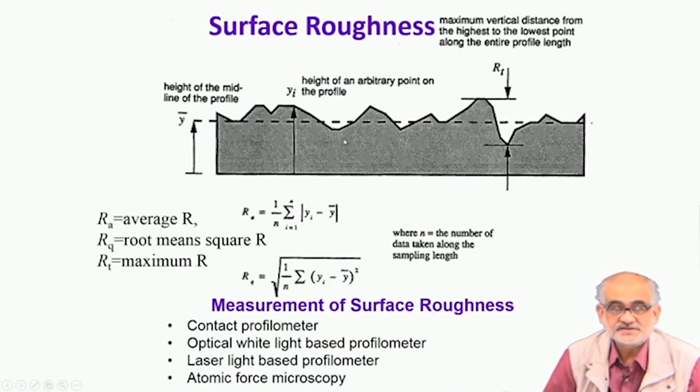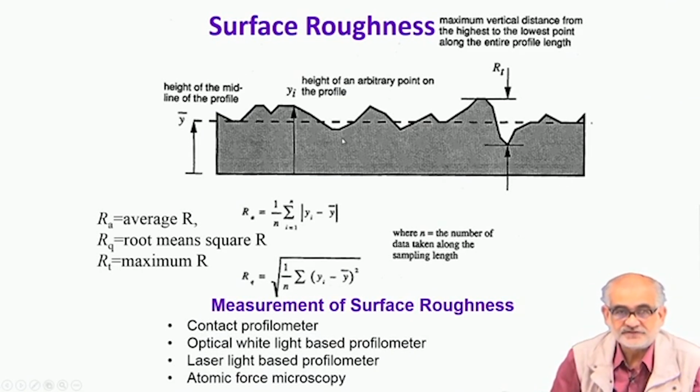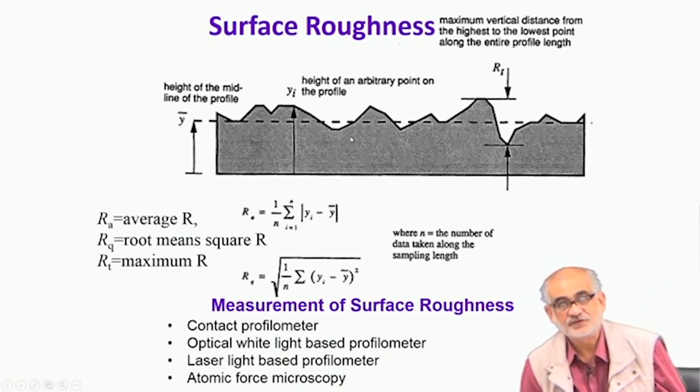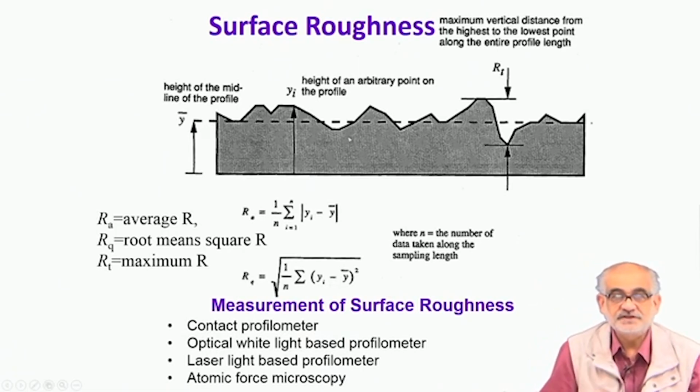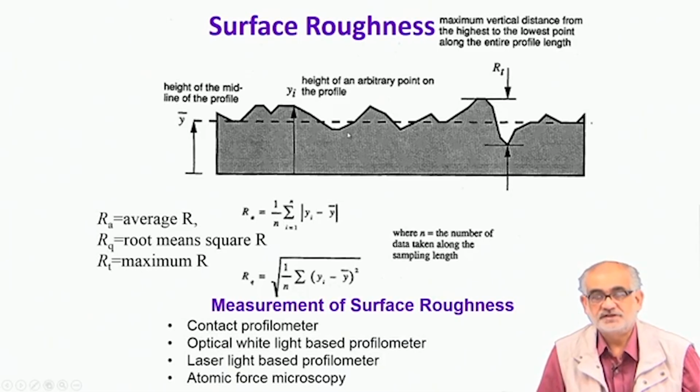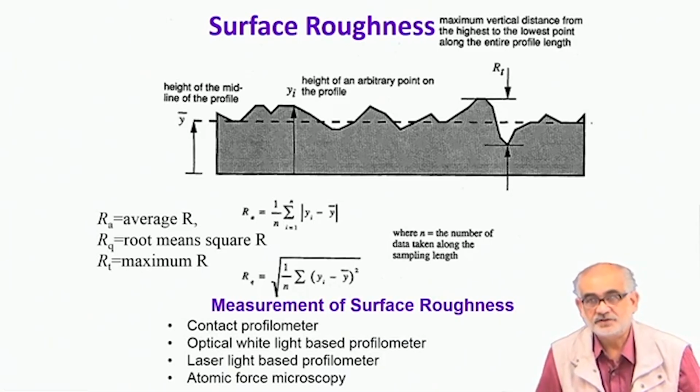Imagine a surface or a solid component which is freshly machined. When you machine, the cutting tool moves over the surface and removes material by application of mechanical forces. Or, for example, think of a solid surface which is freshly ground through a grinding wheel or polished using certain abrasives.